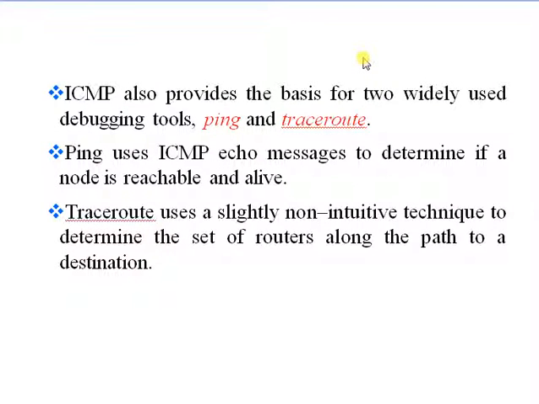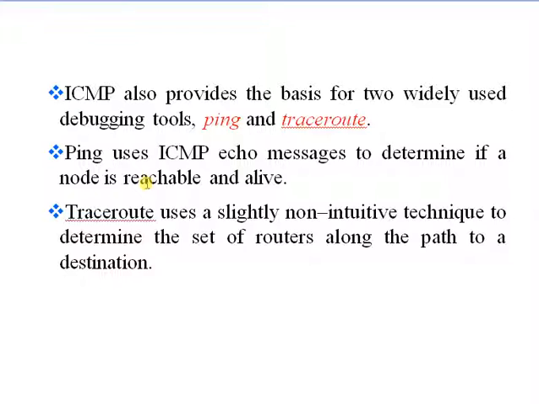Here, ICMP also provides the basis for two widely used debugging tools. One is known as ping, and the other is known as traceroute. Ping uses the ICMP echo message to determine whether a node is reachable or not, that is, whether the node is alive.